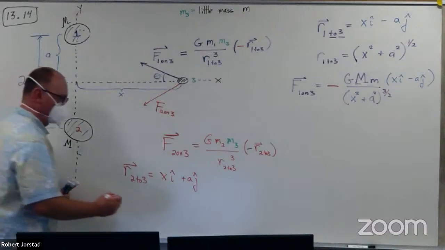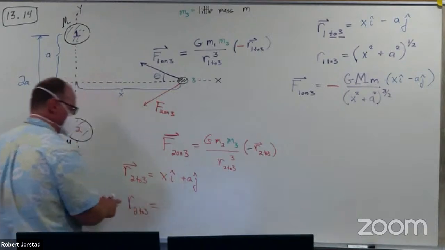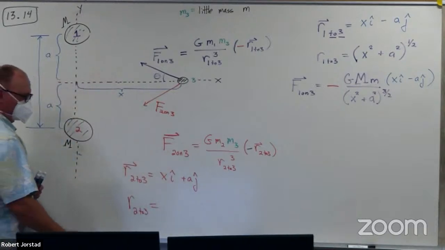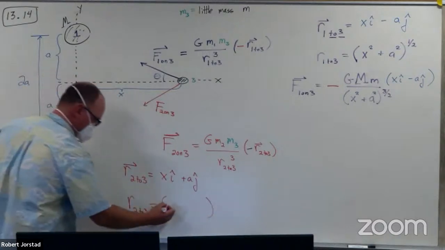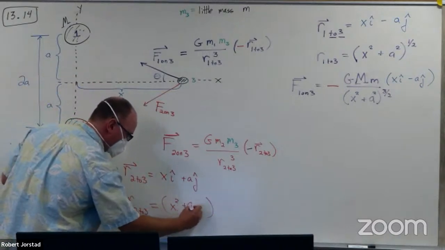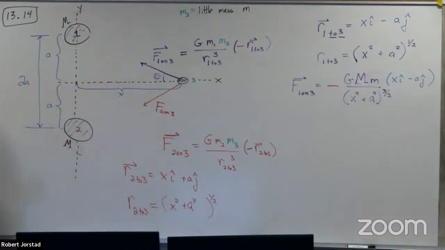So now, what is the R2 to 3 distance going to be? Same thing. So the distance is the same. The only thing that flips is the j hat, right?